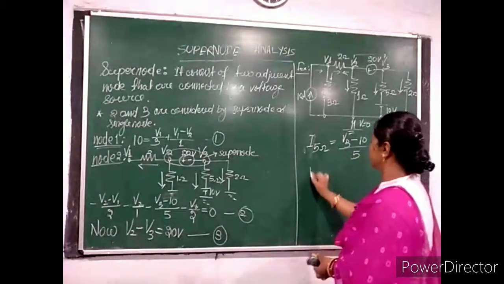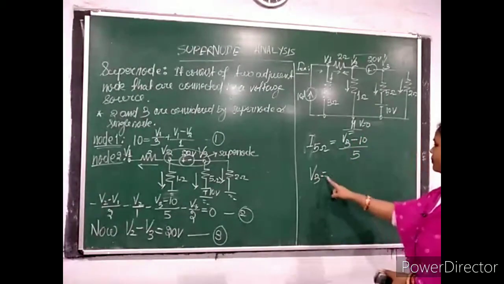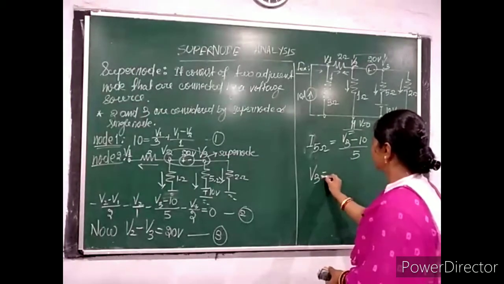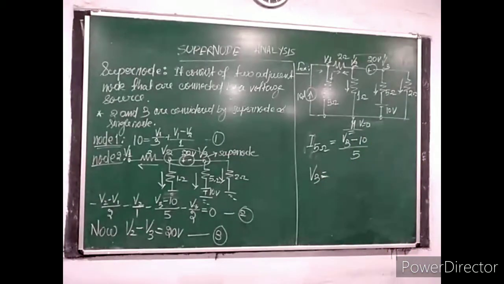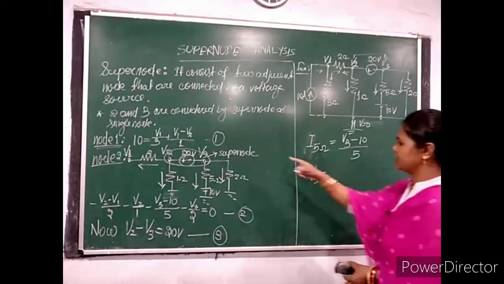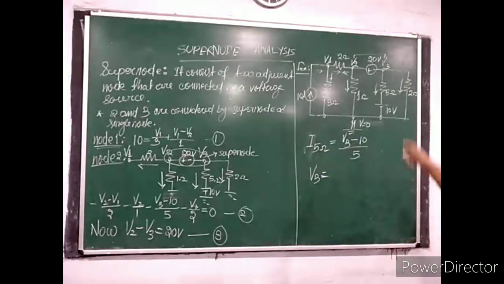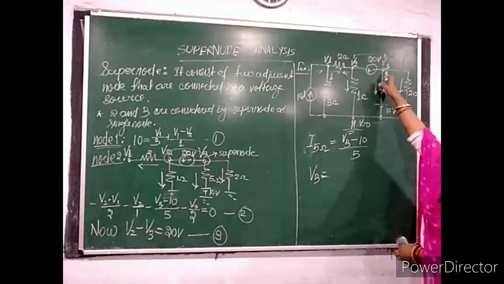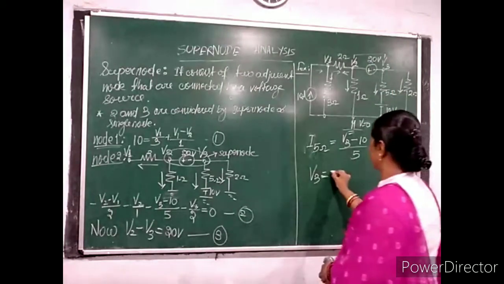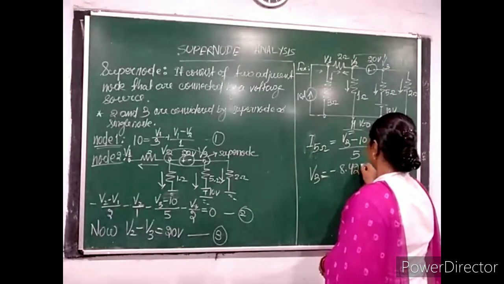So first you find V3. First you find V3, then after you find current flowing through 5 ohm resistor. If you solve these 3 equations 1, 2 and 3, you get the value of nodal voltage V3 as minus 8.42 volt.